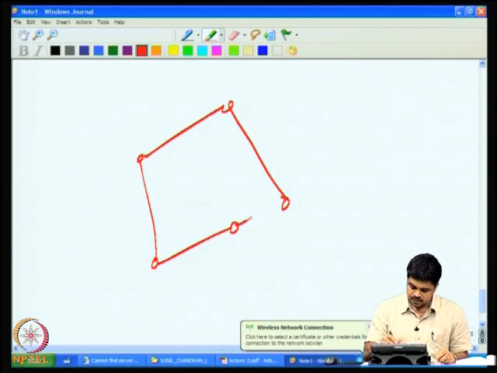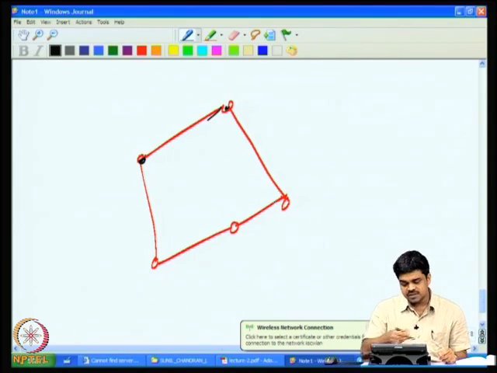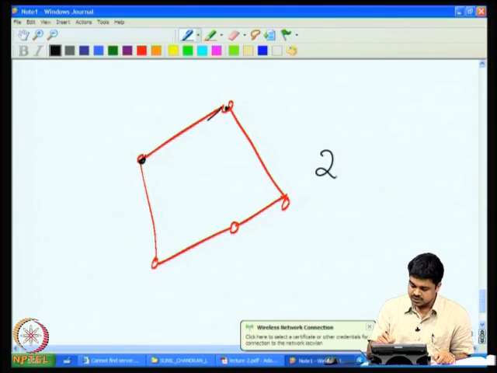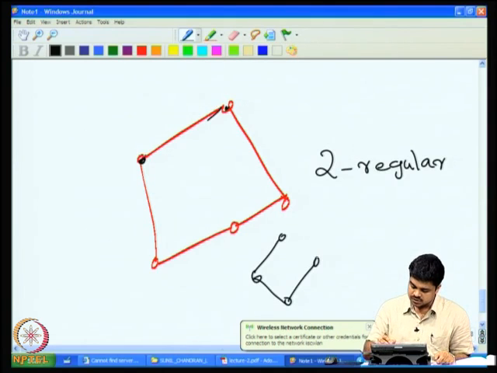This is a two regular graph. If you take any vertex, its degree is 2, there are 2 edges incident on it, the degree of this vertex is also 2, and the degree of this vertex is also 2. So every vertex has the same degree 2, therefore this is a 2 regular graph. Another 2 regular graph I can draw, for instance, like this.